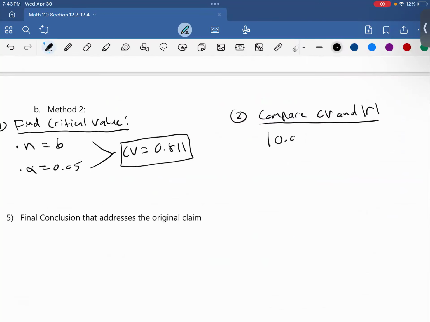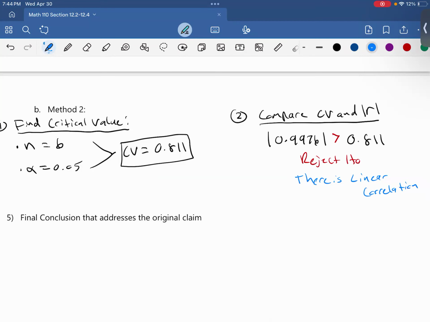The absolute value of 0.9976, we're going to compare that to our critical value, 0.811. And which one is bigger? Well, clearly the absolute value of R is bigger. So when that's the case, we reject the null, and there is linear correlation.